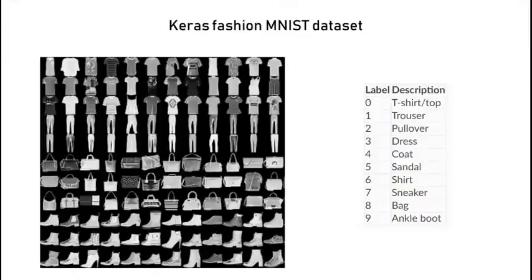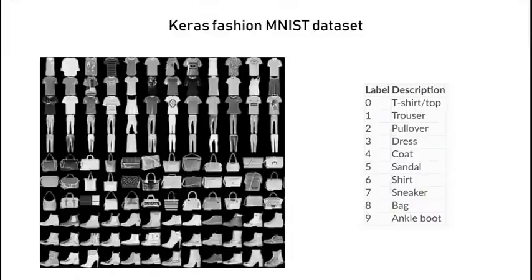Here the data is 28 by 28 image size, and I also have a label description. A label is the output, in the form of a value. For example, 0 means t-shirt, 1 means trouser, 2 means pullover, 3 means dress.